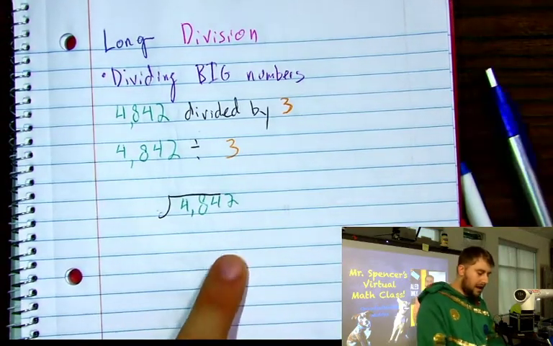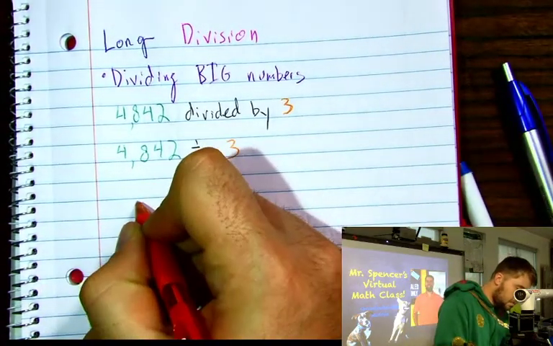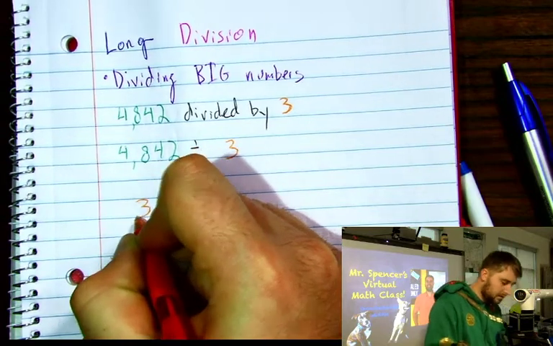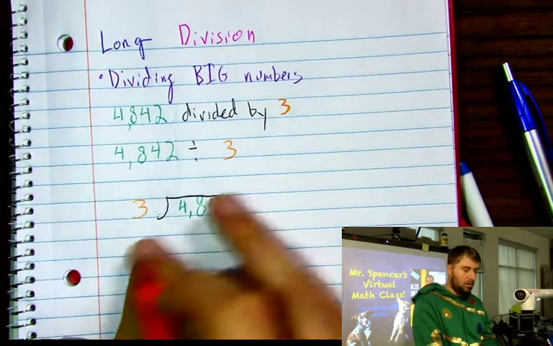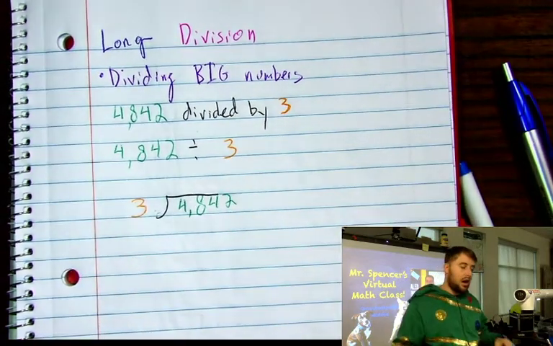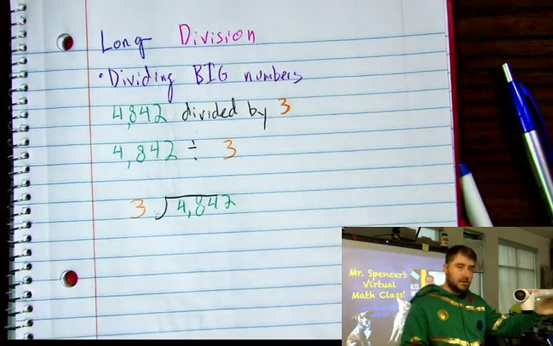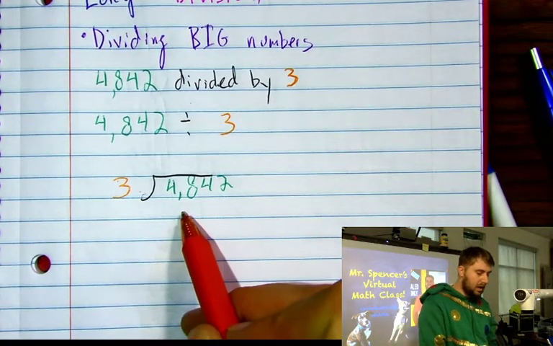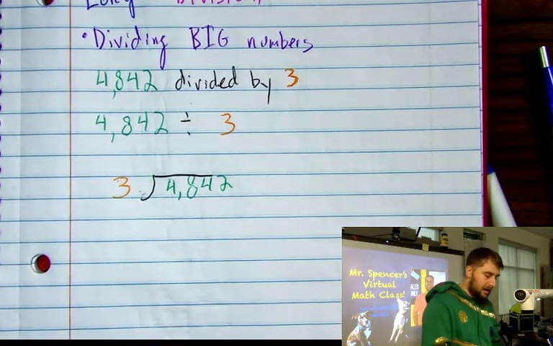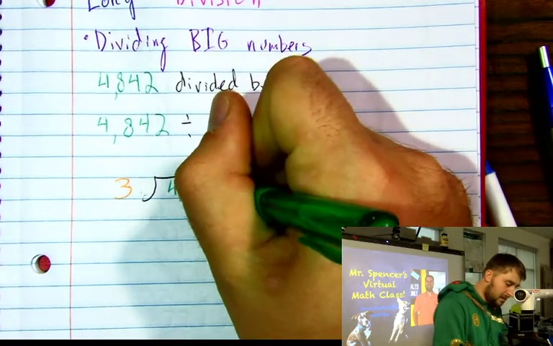And our divisor goes on the outside. We read this the same way though. Even though the order of the numbers is switched, we're going to read it the same way. So this still says 4,842 divided by 3.